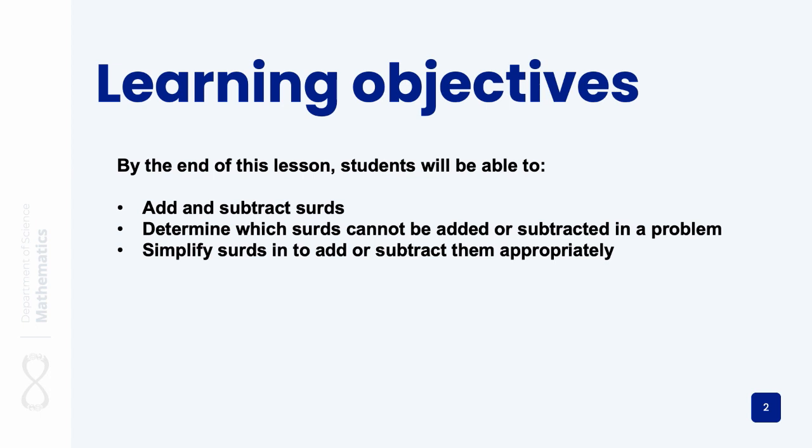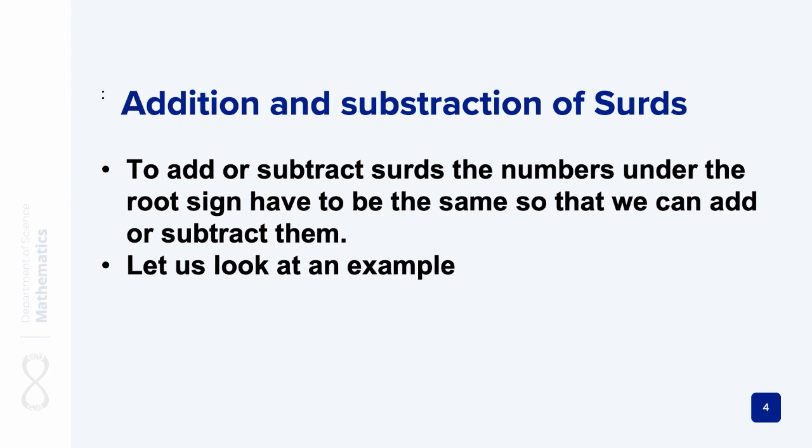appropriately. Now, to add or subtract surds, the numbers under the root sign have to be the same so that we can add or subtract them. Let us look at a couple of examples.